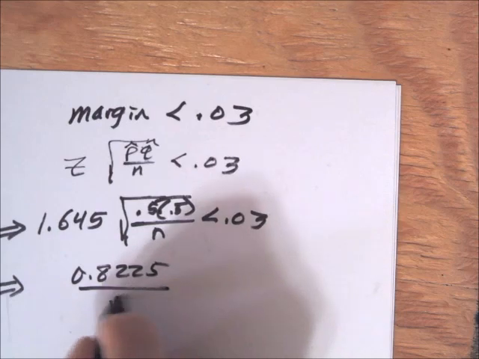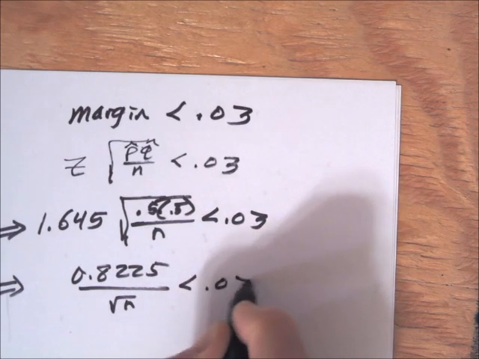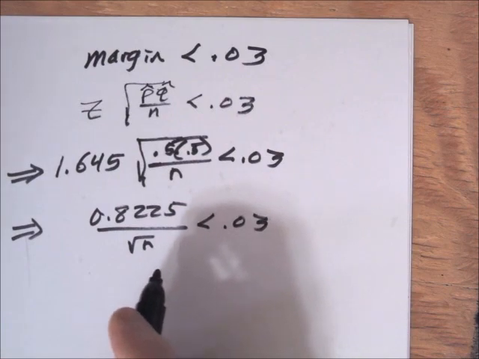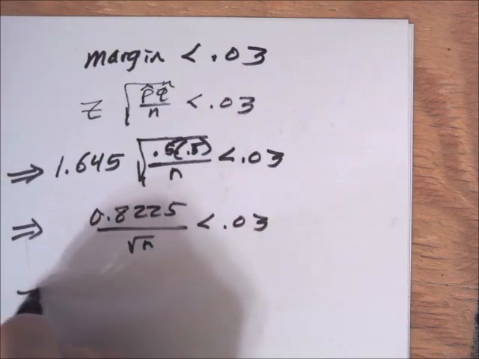over square root of n less than 0.03, and then we want to get square root of n out of the denominator, so multiply both sides by square root of n.